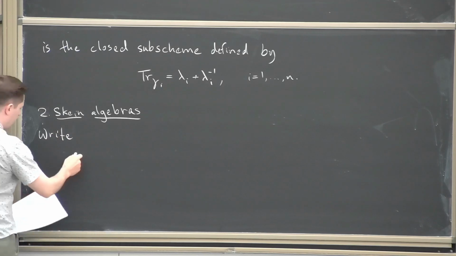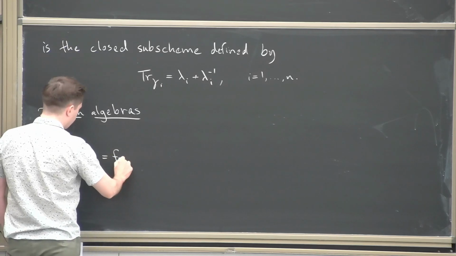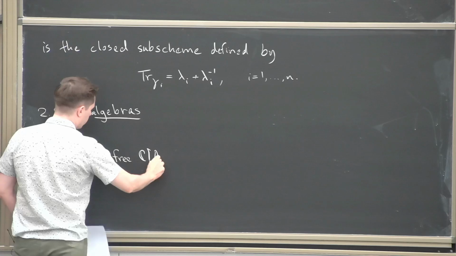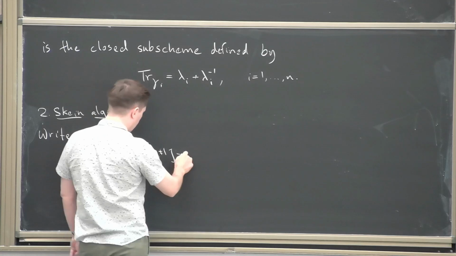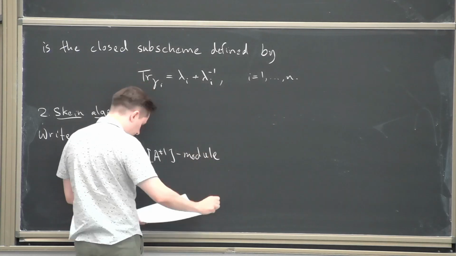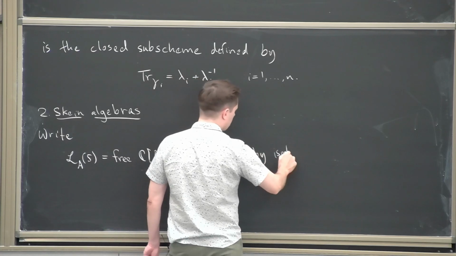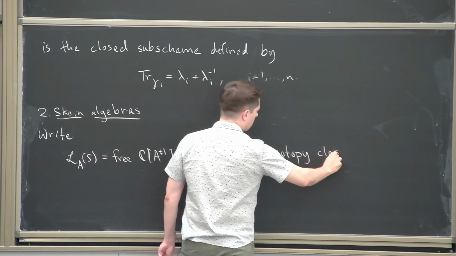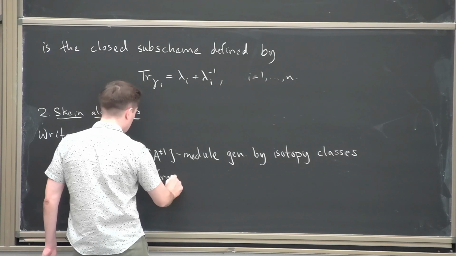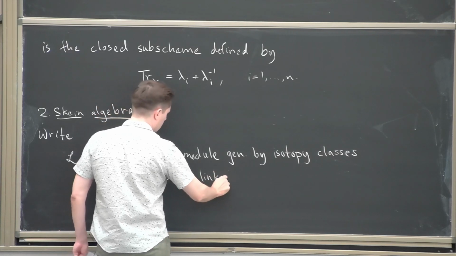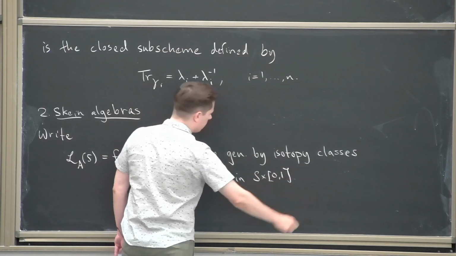Let's write LA of S to mean the free module over this ring of Laurent polynomials in A. So it's the C adjoint A plus minus 1 module generated by isotopy classes of framed links in this 3-manifold S times the unit interval.